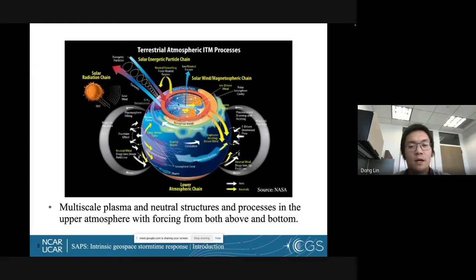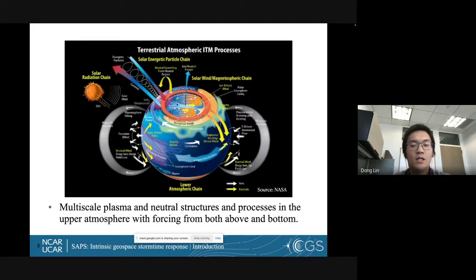For example, in this highlighted ionosphere, the large-scale plasma convection is driven by the forcing from above in the magnetosphere. And also, on the other hand, as the plasma gets transported across the polar cap, it can break into small-scale irregularities, which can interfere with our radio communication.